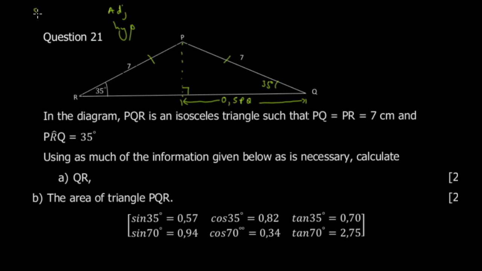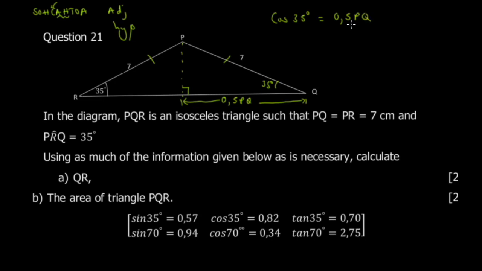I use the mnemonic SOHCAHTOA, which means if I have adjacent and hypotenuse, I have to use cosine. So you just say cosine of the angle, which is 35, equals adjacent, which is 0.5 PQ, over 7.